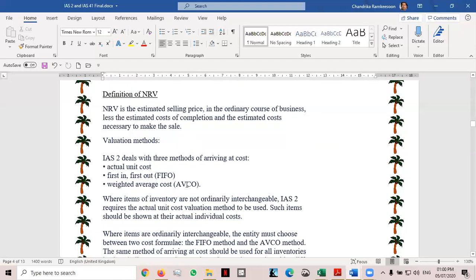FIFO, weighted average cost, where items of inventory are not ordinarily interchangeable, as I said, as specific items with their own uniqueness about them. IAS 2 requires the actual unit cost valuation to be used. Such items should be shown at the actual individual cost.